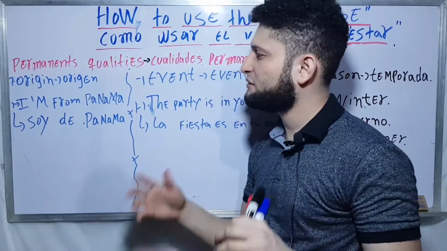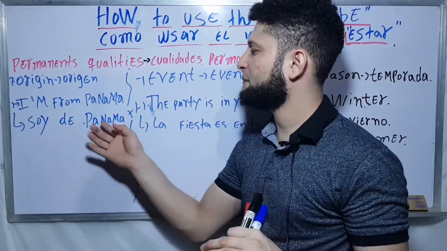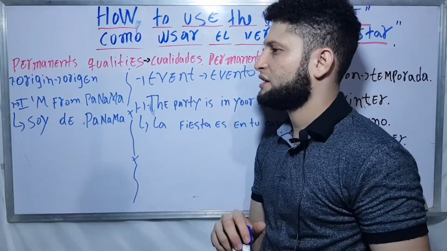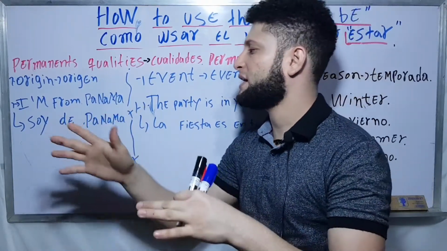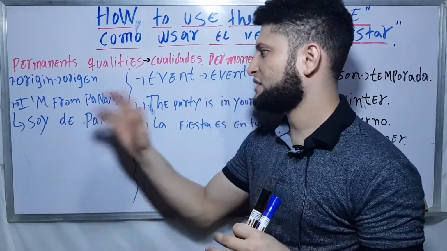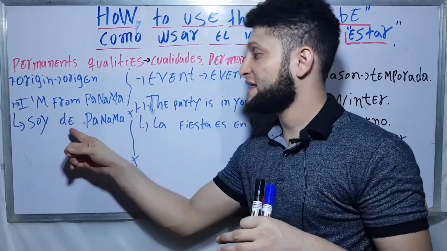As I said previously, for you to sound more natural, you will say just soy de Panamá. If you want to say he is from Panama, él es de Panamá. In this case the translation for the word from is de.